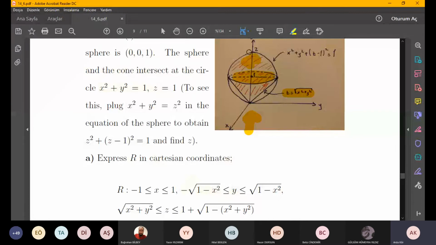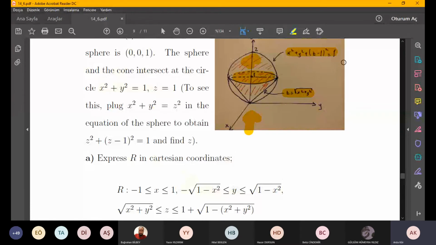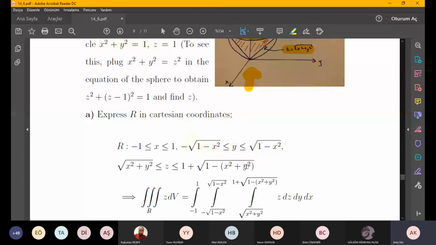The upper limit is the sphere, but you have to write that sphere in terms of z, so z equals 1 plus square root of 1 minus x squared minus y squared. That will be the upper bound for z.